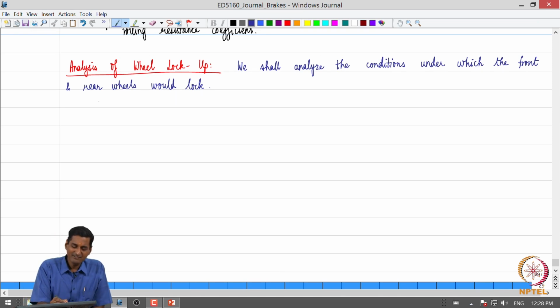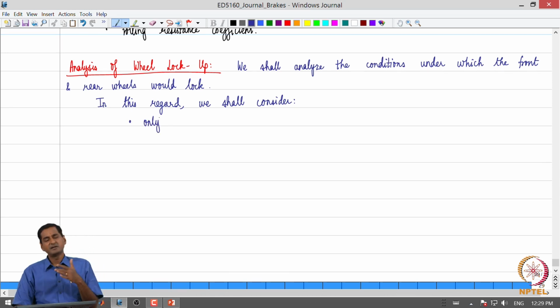In this regard we are going to make some basic assumptions. We shall consider only braking force and rolling resistance. We are going to neglect the other resistances like grade resistance, aerodynamic drag and drawbar pull and so on.